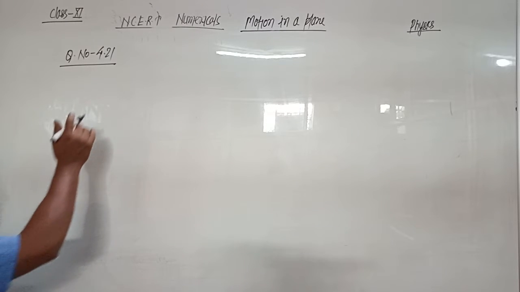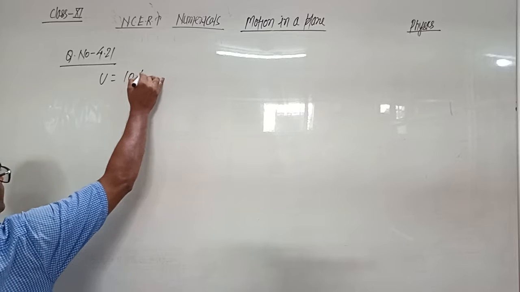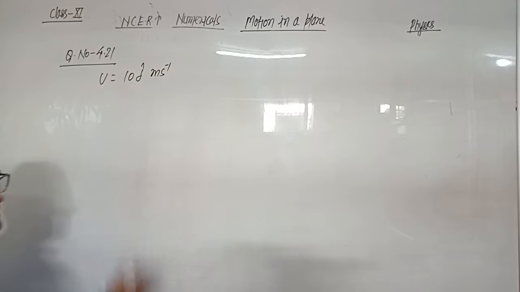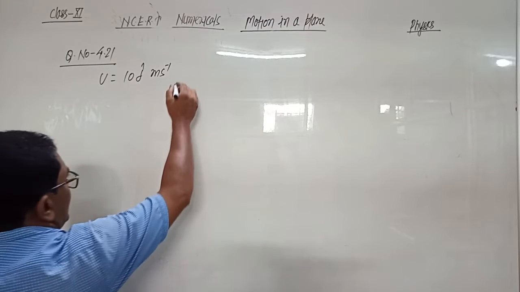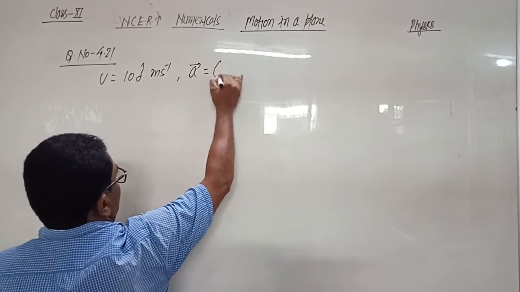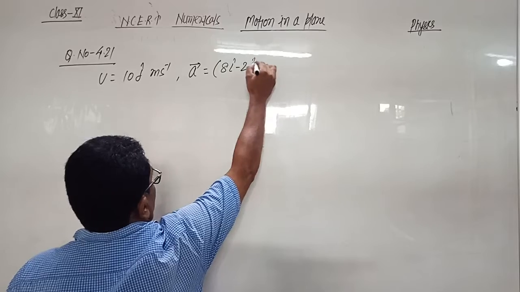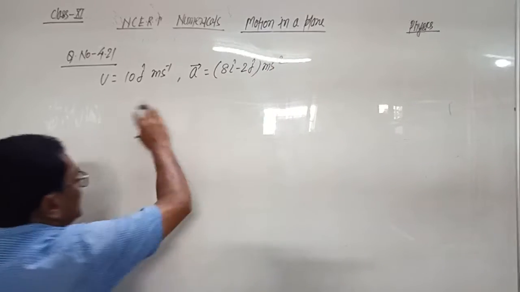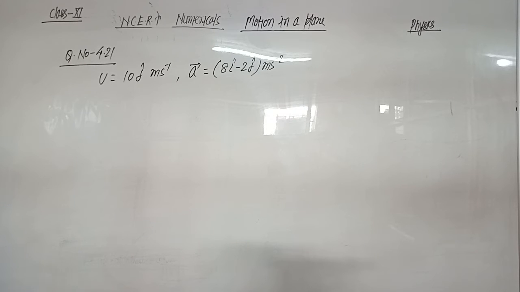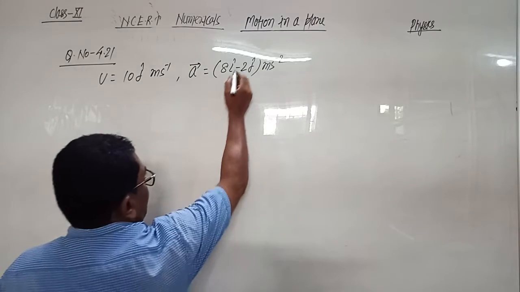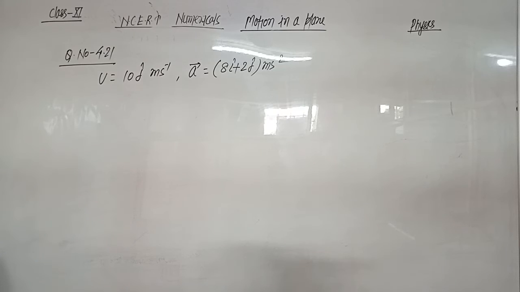The initial velocity u is 10 j cap meter per second, in the y direction, and it moves in the xy plane with a constant acceleration of 8 i cap plus 2 j cap meter per second square.